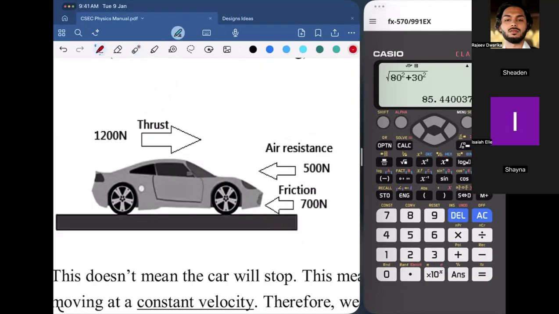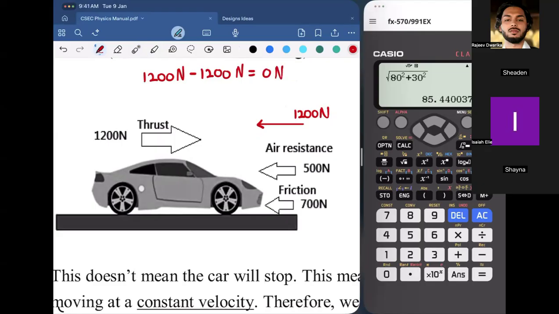Could you explain that? When you add the air resistance and friction, that will be 1200, and the thrust is also 1200 newtons. So it would cancel off. Right? You can think of this force as positive, so that would be 1200 newtons, and you can think of this force as being negative because it's in the opposite direction. So Shayna, what's the force being experienced by the car?